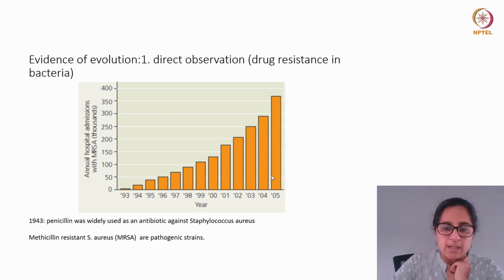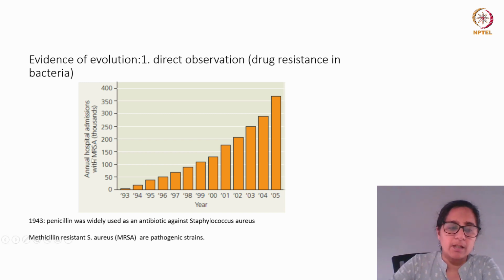This is a slightly older graph. I'm sure there are newer graphs, but the trend will be similar to what I'm showing right now. On the x-axis there is year, and on the y-axis there is annual hospital admissions with MRSA, in thousands. That means they have recorded how many people were admitted to hospitals with MRSA infection.